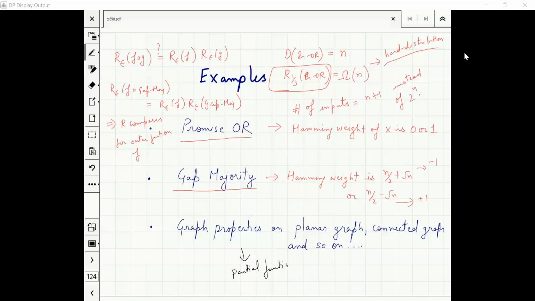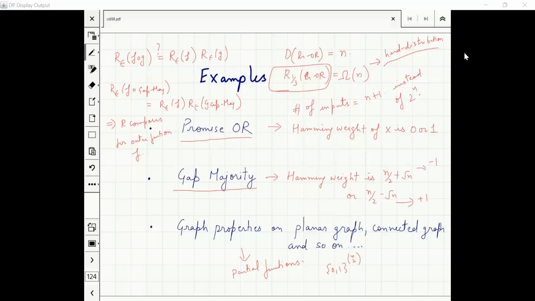You remember how we defined graph properties as Boolean functions, right? We said that there are n choose 2 edges, each of those could take value 1 or 0, and depending on that, we will get a graph. So when we say planar graph, that's some subset of {0,1}^(n choose 2). What subset? It's hard to quantify, but you take these strings, and if the corresponding graph is planar, then it is part of the domain, otherwise it is not.